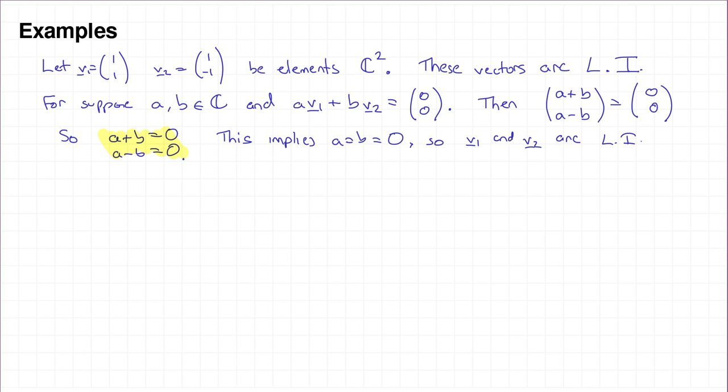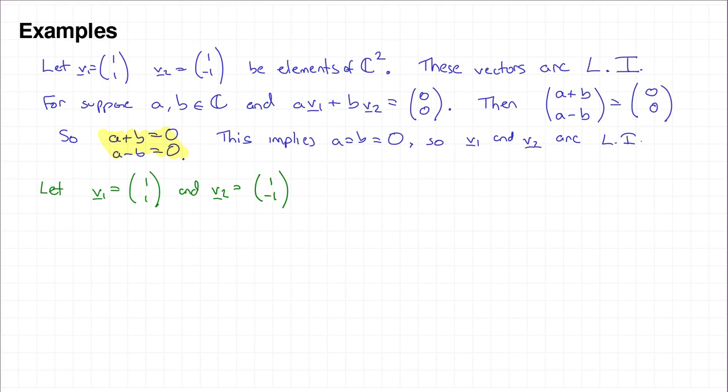Okay, let's try another example. So I'm going to do what looks like the same example, but isn't. So what is that other example? So now let v1 be (1, 1) and v2 be equal to (1, -1).